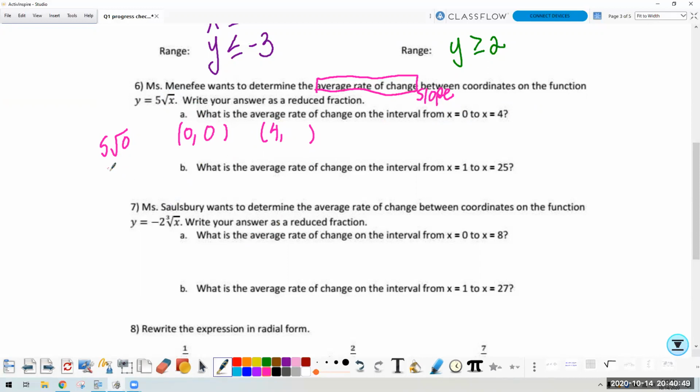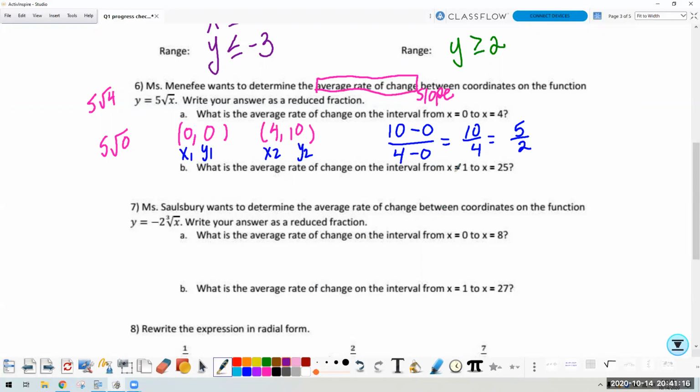When she substitutes in 4, that's 5 times 2, 10. So here we go for our slope, x1, y1, x2, y2. So y2 minus y1 over x2 minus x1. Reduce your fraction. Ms. Menifee has her answer.